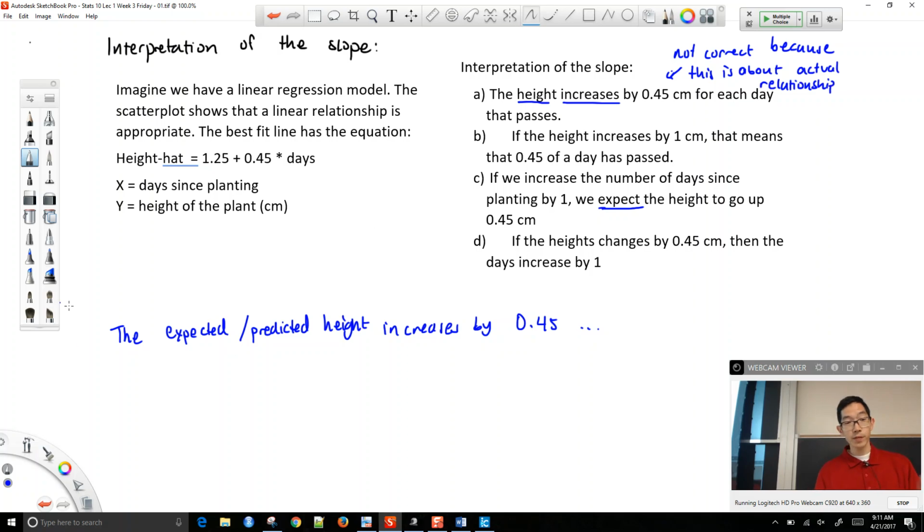If A had said instead the expected or the predicted height, then it would be correct.